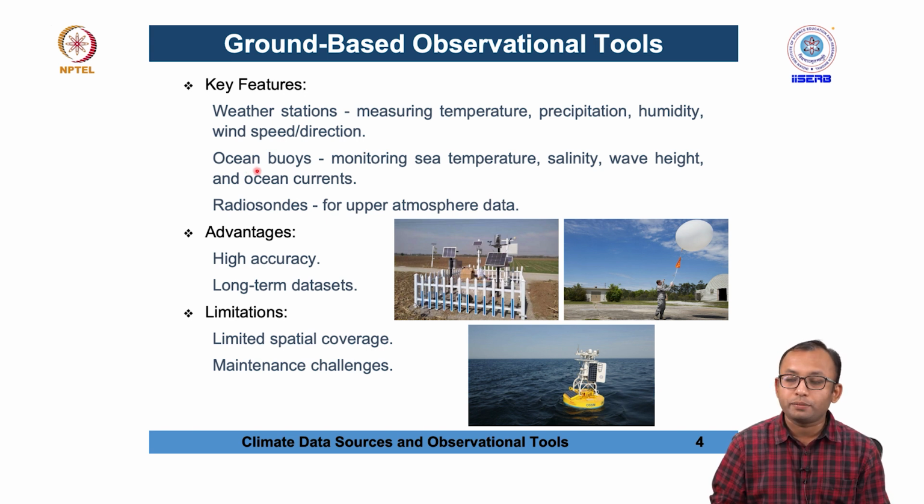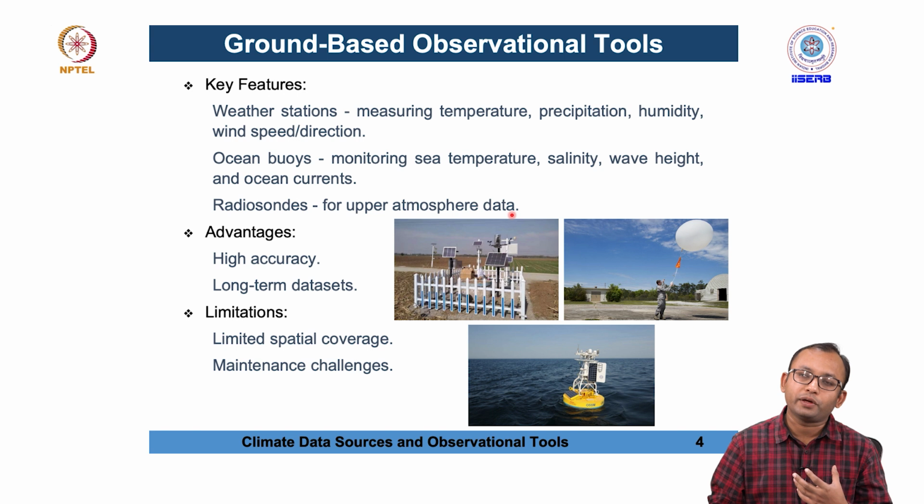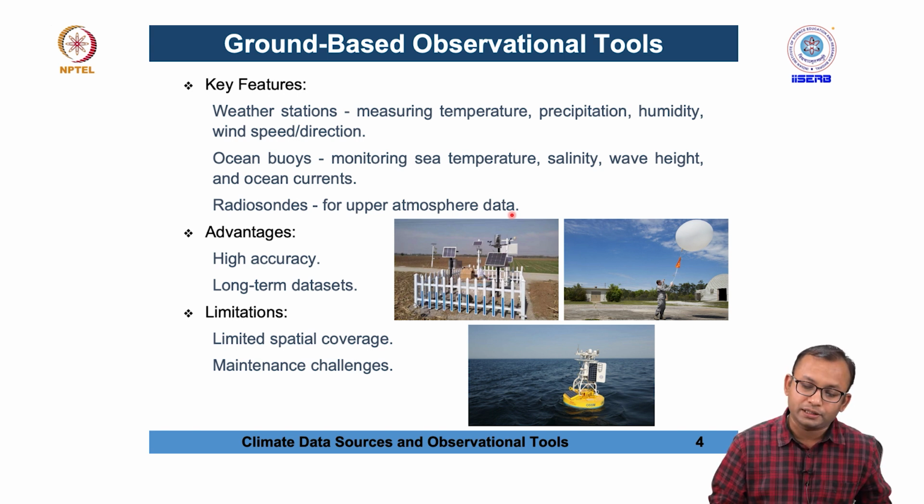Then we have ocean buoys, which are installed on the ocean surface to monitor the sea temperature, changes in salinity, wave heights, and ocean currents. Then we have another device called a radiosonde, which is used for upper atmosphere data collection, such as aerosol interaction and multiple different upper atmosphere interaction properties of those particular regions.